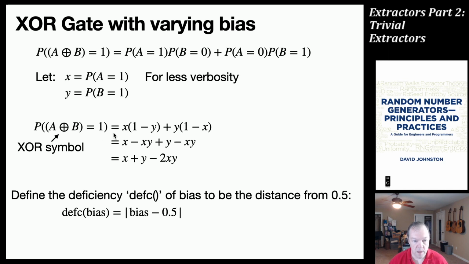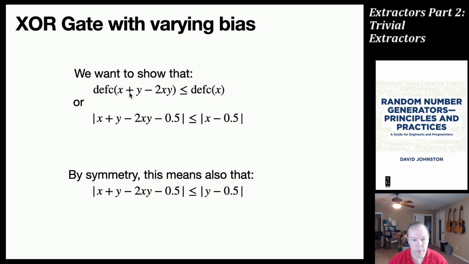And so we can recast it like this, rearrange it, and we get X plus Y plus 2XY, which is the output bias given the input biases on the two pins, the output bias from an XOR gate. We'll also define the deficiency of the bias to be the distance from 0.5. So if I've got bias of 0.6, the distance from 0.5 would be 0.1. And so it's the absolute value of bias minus 0.5.